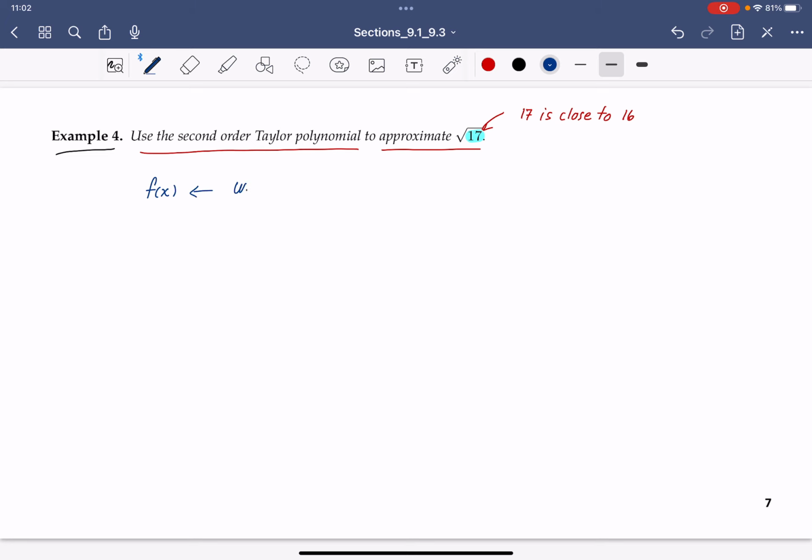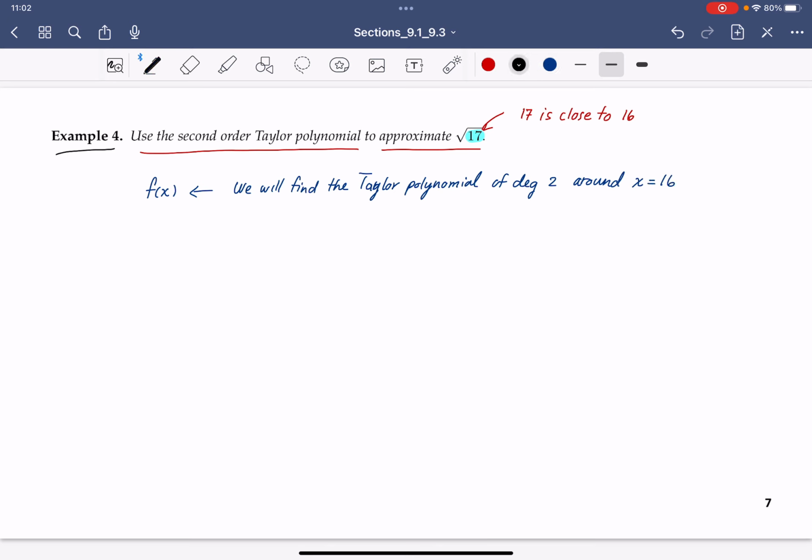So we will find the Taylor polynomial of degree 2 around x equal to 16.